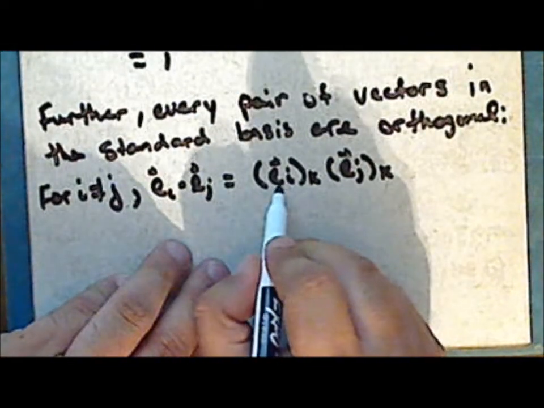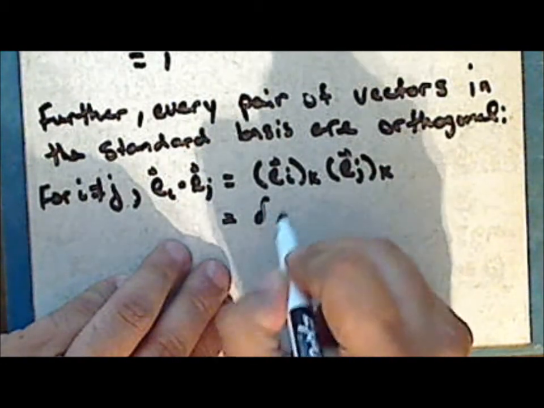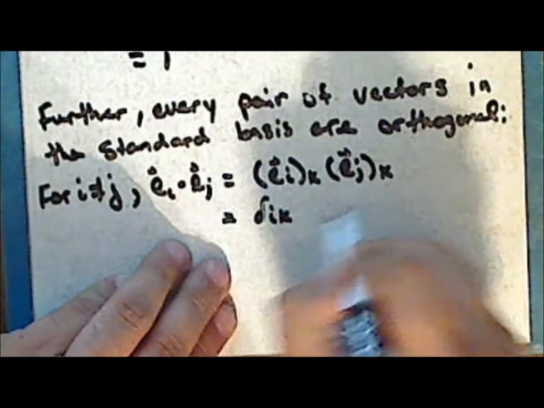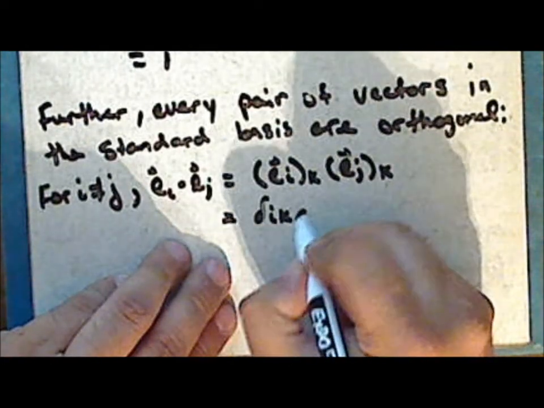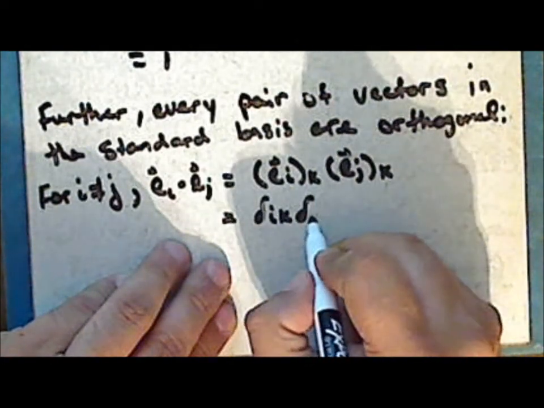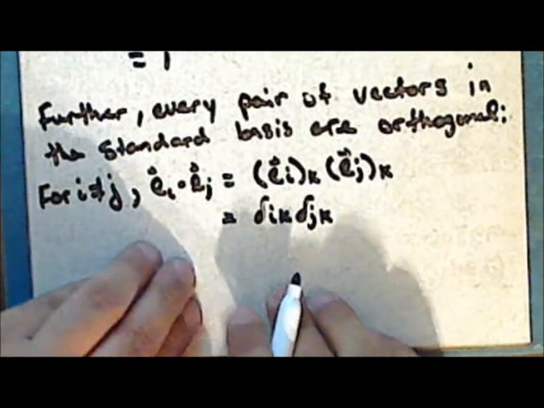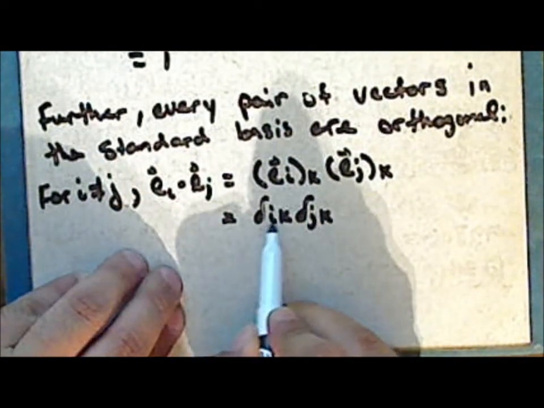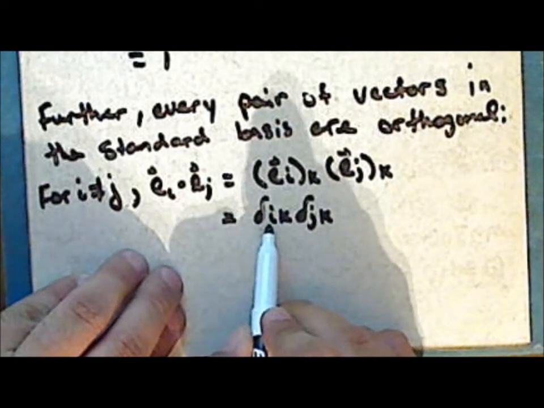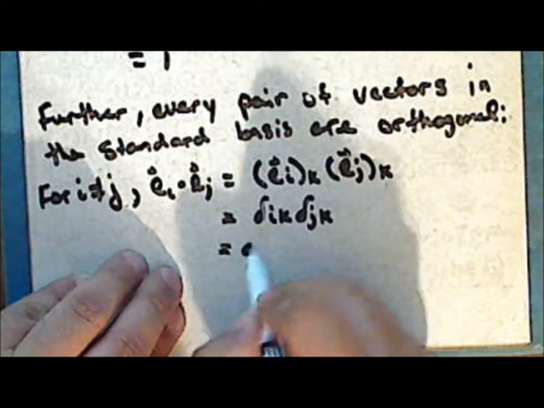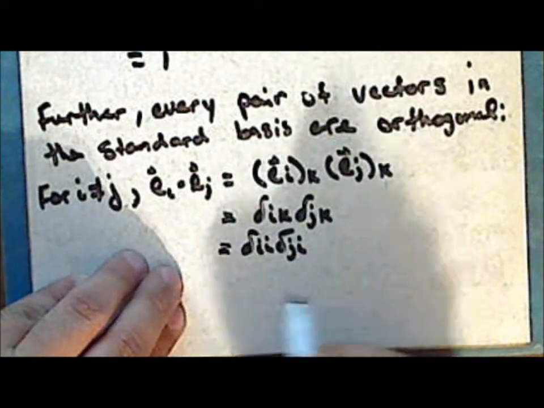Again, the components in the vector e sub i are identical to the Kronecker delta with indices i, k, and the components in the vector e sub j are identical to the Kronecker delta with indices j, k. Now looking at the first term, the only non-zero term there is when i and k are the same, that is delta ii times delta ji.